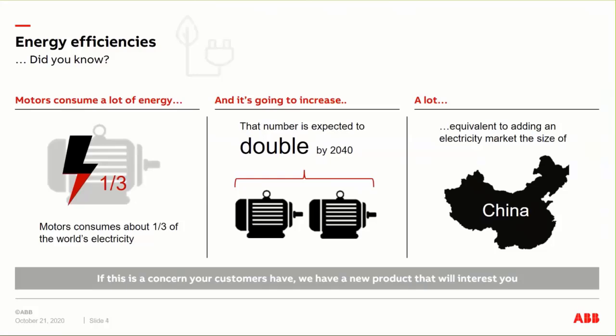And so when you're looking at the increase in energy demand by 2040, it's expected to double, which is equivalent to adding the electric market the size of China. So it's a sizable increase. And so the power companies and the power grid demand have to be minimized where possible.